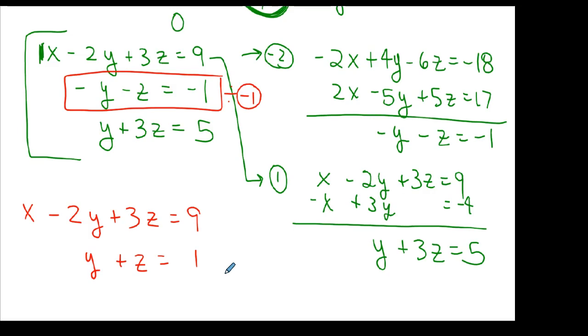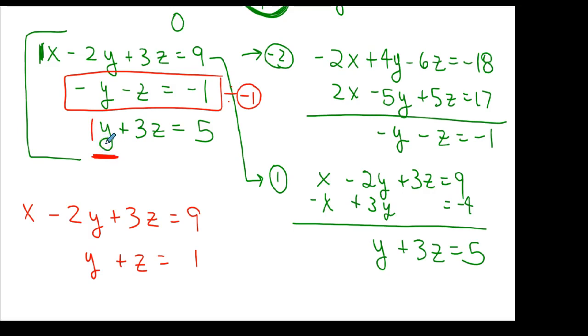I then need to use that row to change the coefficient of the y in the third row. I want the coefficient here to be 0. So what I need to do, the coefficient is 1.